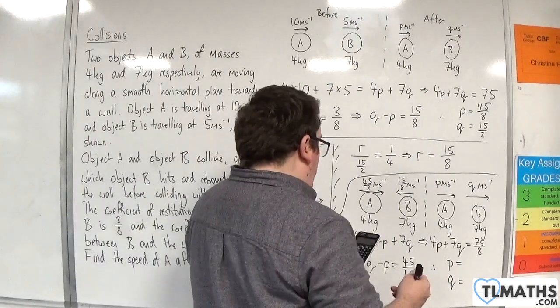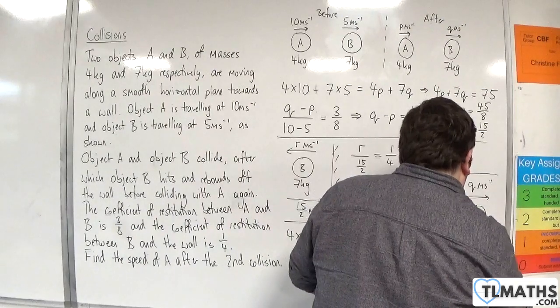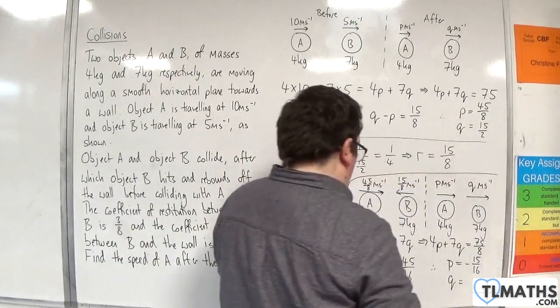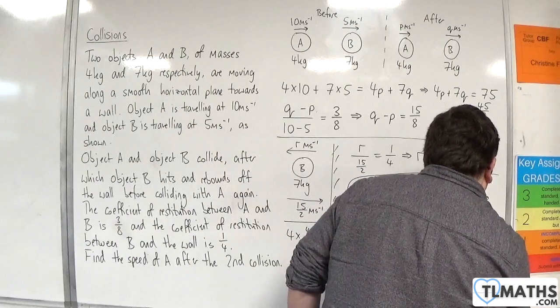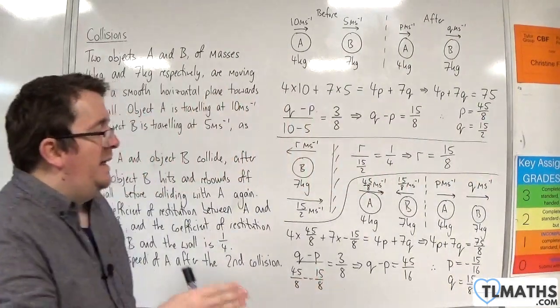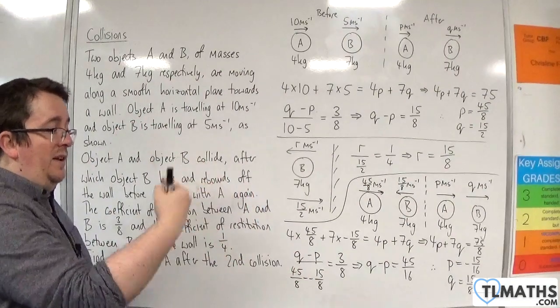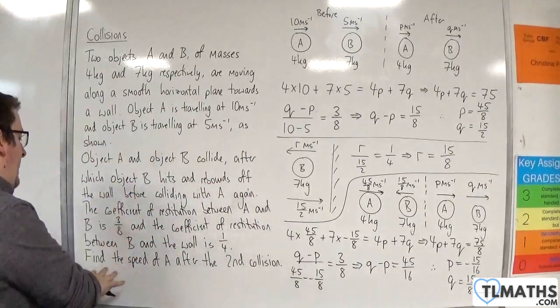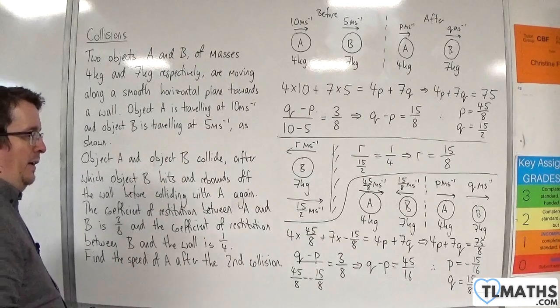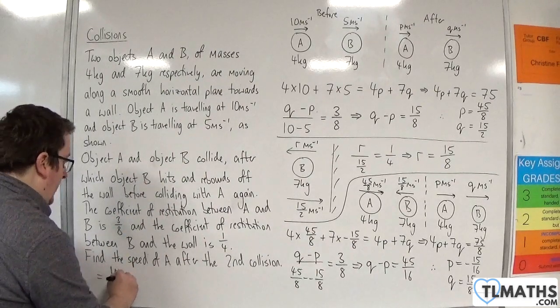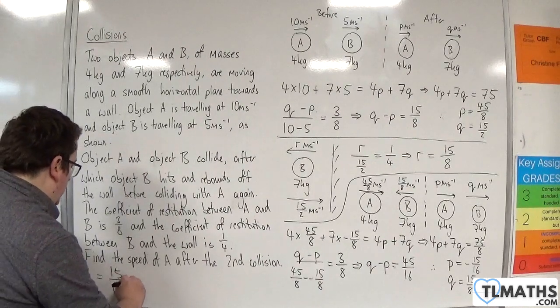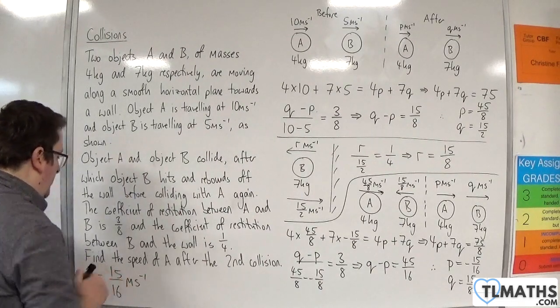And we have that P is minus 15 over 16, and Q is 15 over 8. So that means that B is travelling to the right, but A is travelling to the left. So the speed of A after the second collision, which is what we wanted to find, is actually equal to 15 over 16 meters per second.